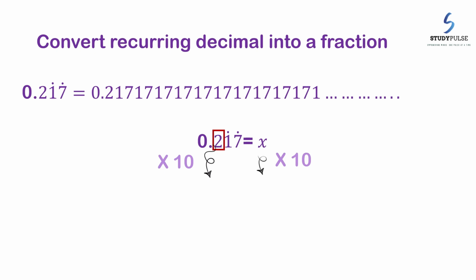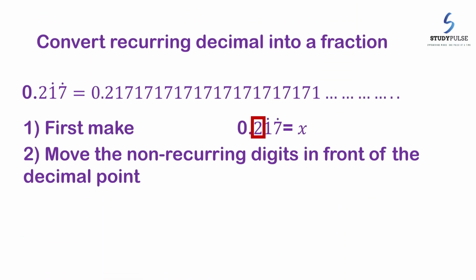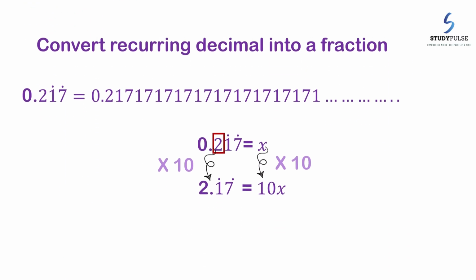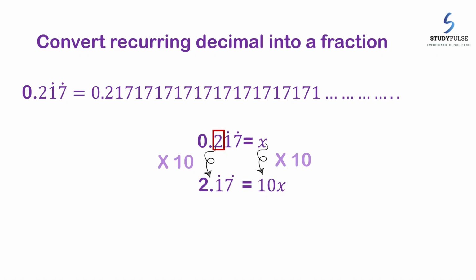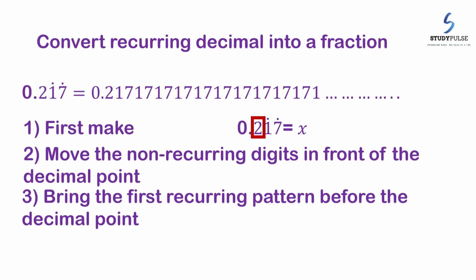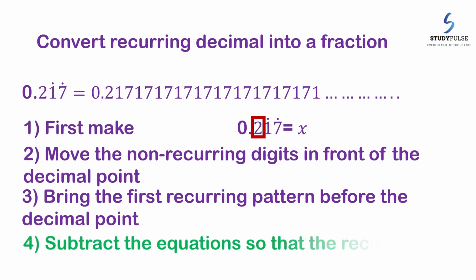Now we're going to bring the first recurring pattern before the decimal point. In order to do so, we have to multiply it by 100. So if you multiply the 10x by 100, that gives you 1000x, and 2.17 times 100 gives you 217.17 recurring. Now you're going to subtract the equations so the recurring pattern cancels out.